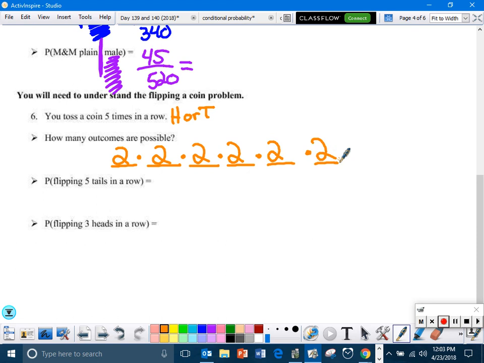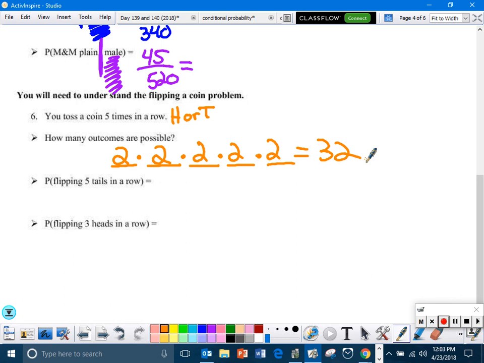So 2 times 2 times 2 times 2 times 2. Whoops, I got too many there. My mistake. There should only be 5 of them, not 6. Okay, 5 of them only. So 2 times 2 times 2 times 2 times 2. That would be 32. Wow, there are 32 possibilities.